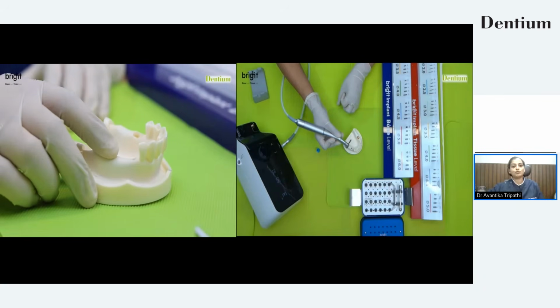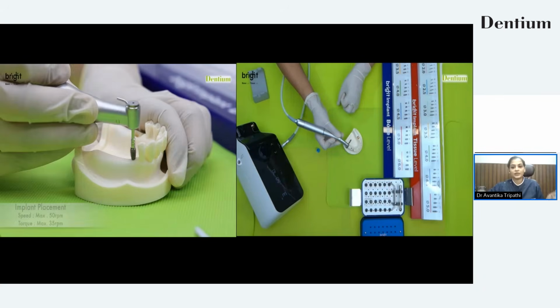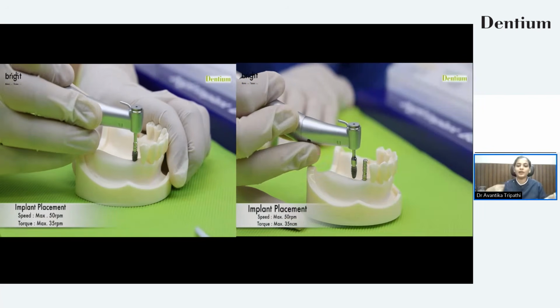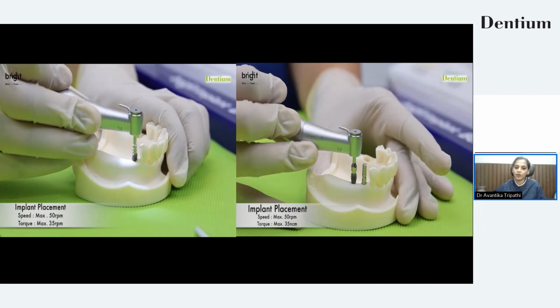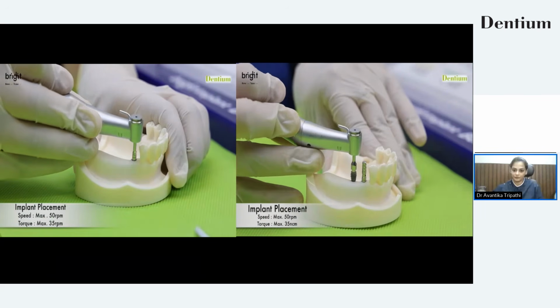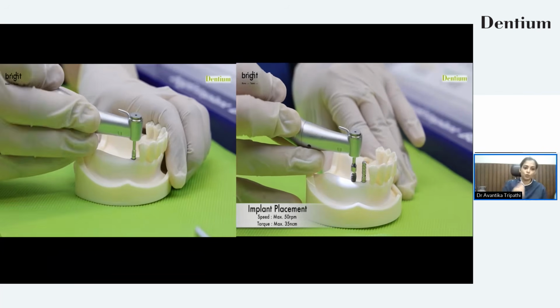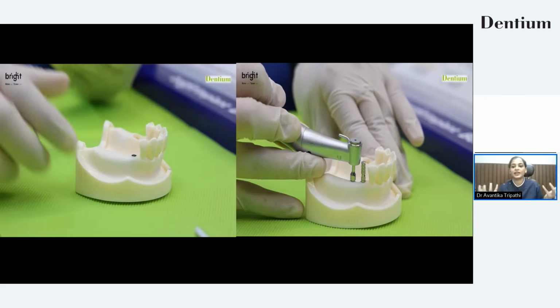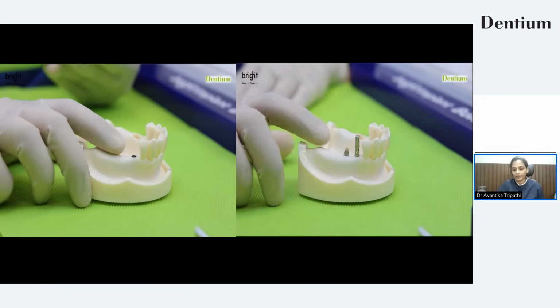When it comes to the placement of the implant, the drilling speed, torque, everything is the same, but the main difference is in the drivers. The drivers used for bone level and tissue level implants are different, as the connections of the two implants are different.